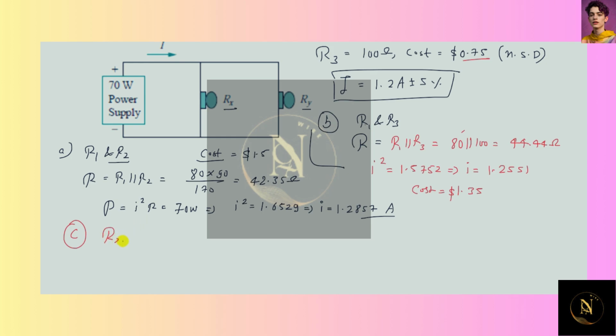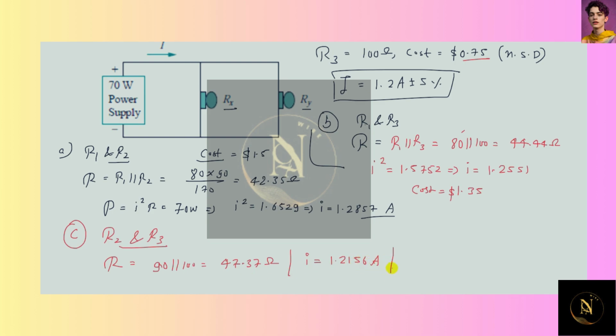Both are in parallel, so 90 parallel with 100 gives you 47.37 ohm resistance. Using the same formula, we get I equal to 1.2156 ampere.